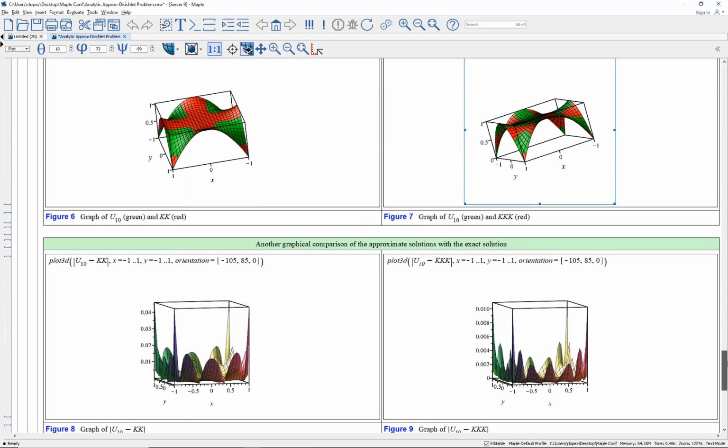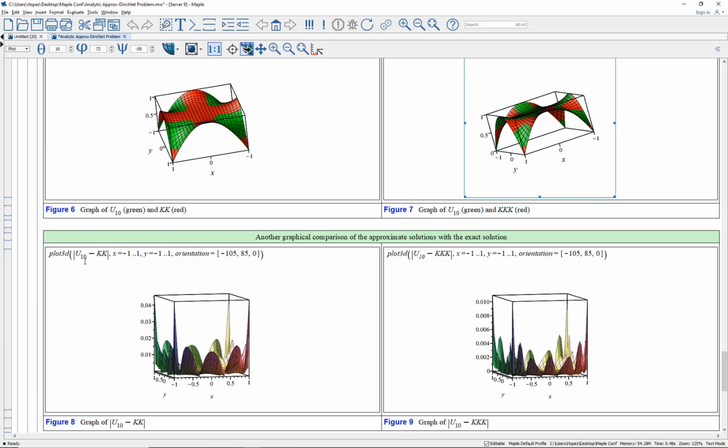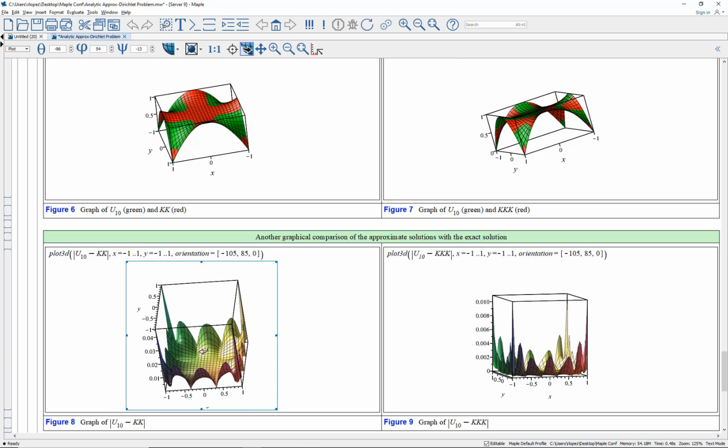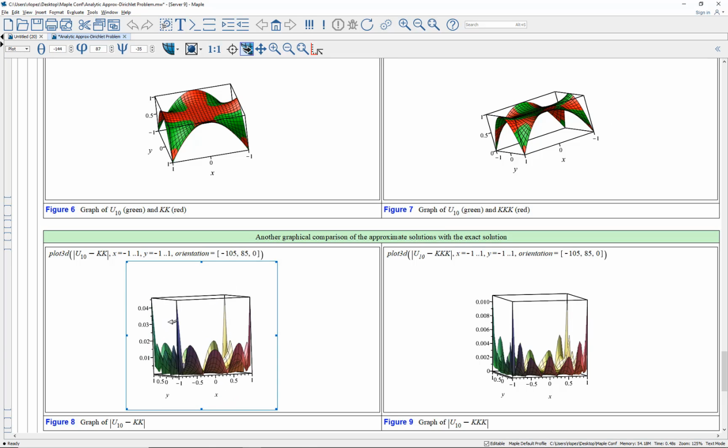So analytically, how could we compare? Absolute value of the difference, two-term here. Seems that in the corners there are these spikes. They go up maybe no more than 0.5, okay? And for the three term, no more than maybe 0.11, something like that.